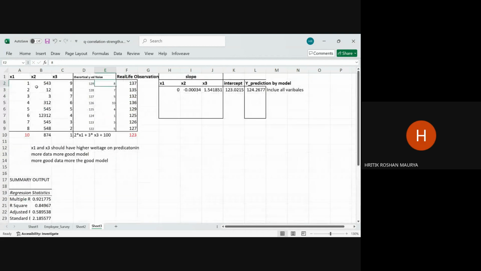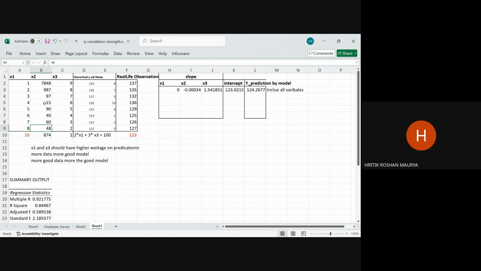Let me take these x2 as a random value, more random, and these values are not much random. Maybe some small digit. Okay. And you have to run the thing again, right?